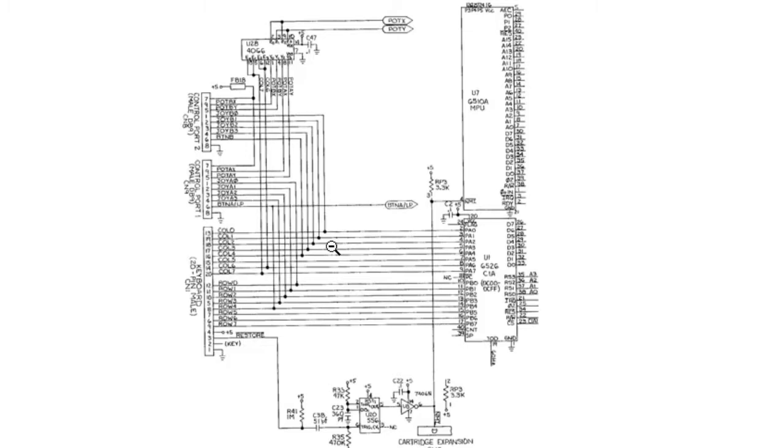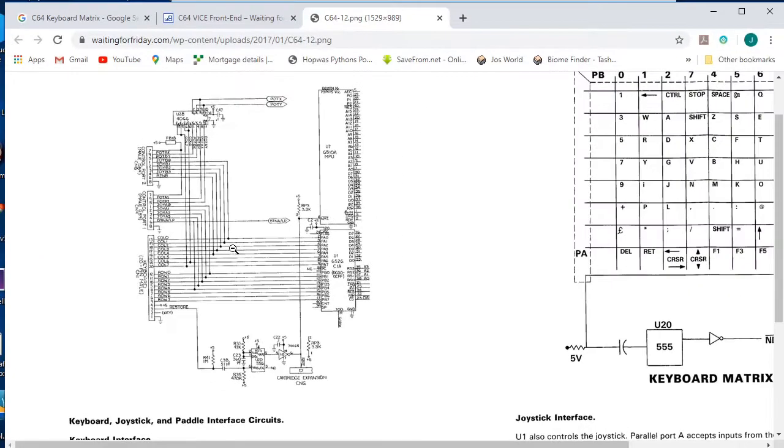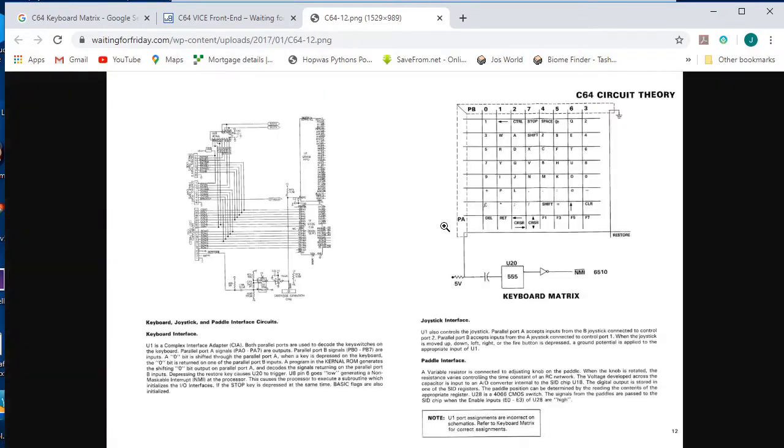And then we listen on port B for a bit, and the bit then corresponds to where the key's been pressed and then completed the circuit.